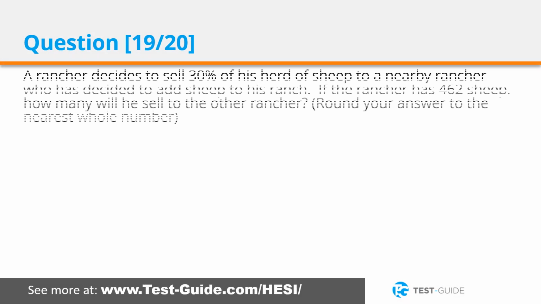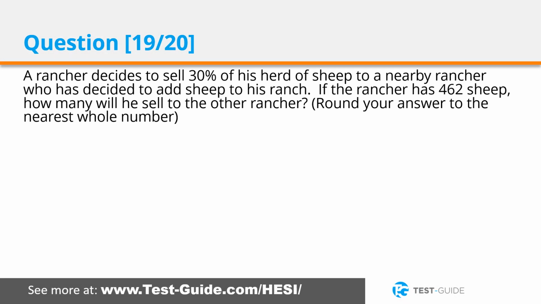Question 19. A rancher decides to sell 30% of his herd of sheep to a nearby rancher who has decided to add sheep to his ranch. If the rancher has 462 sheep, how many will he sell to the other rancher? Round your answer to the nearest whole number. 139, 145, 211, 46.